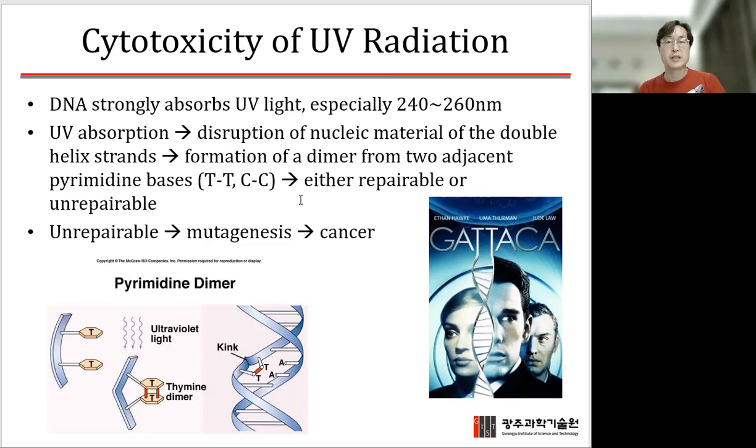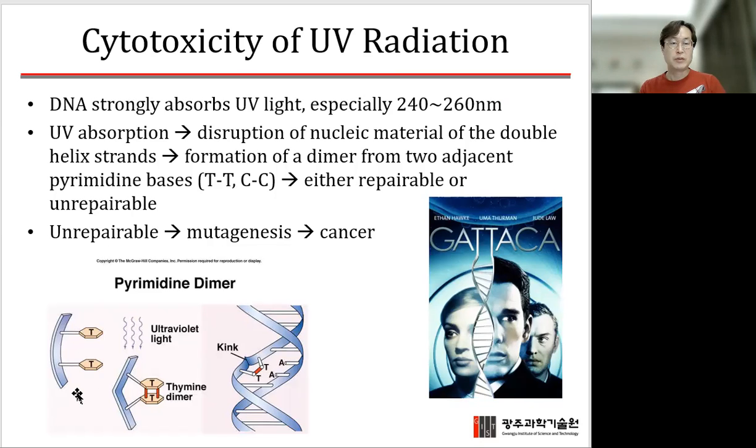This can be either repairable or unrepairable. Our body has a natural repair mechanism, so if something happens, it can fix it by itself. However, in some cases it can't, and that unrepairable damage is going to initiate mutagenesis, which can later become a cancer cell.